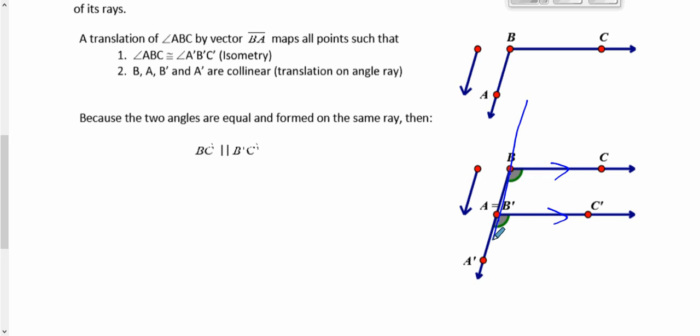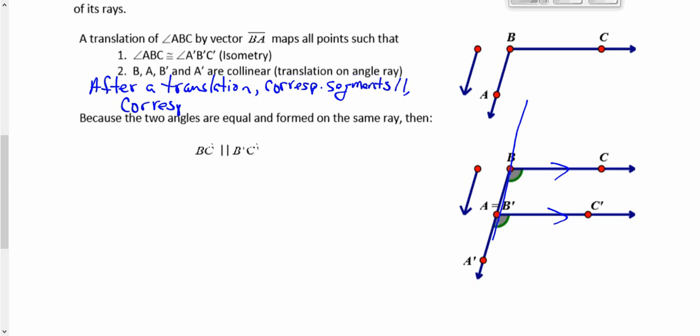So the important thing to know is that after a translation, corresponding segments are parallel, aren't they? So corresponding segments are parallel, and corresponding angles are what? Angles are congruent.